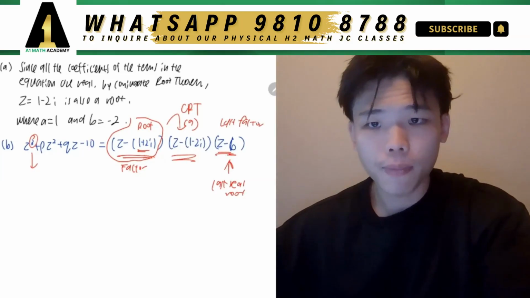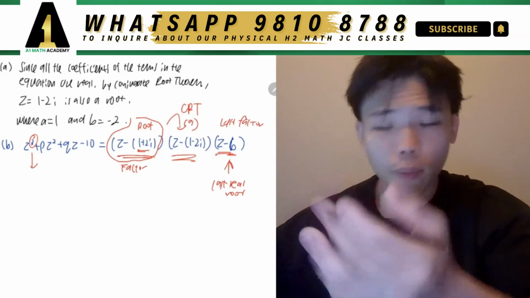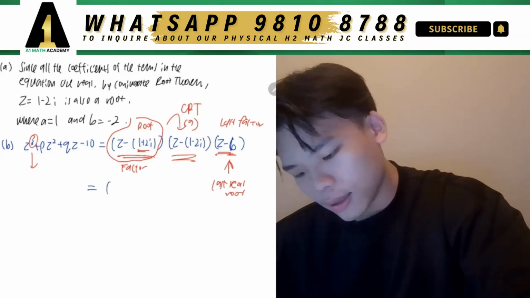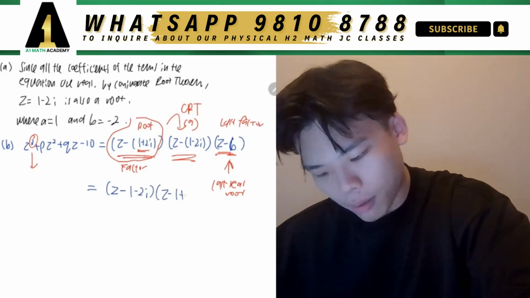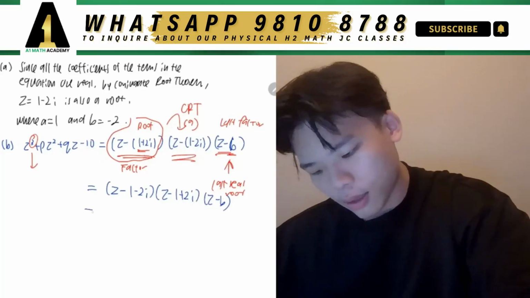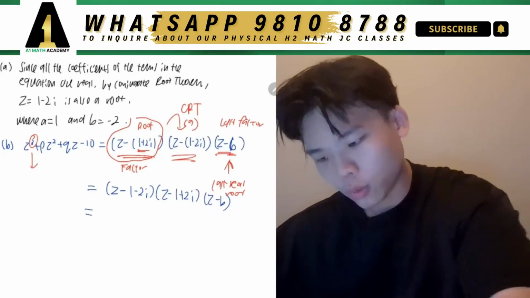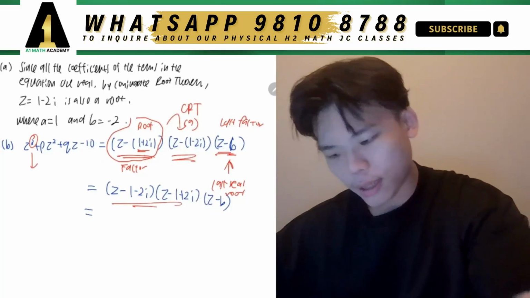As simple as that. And then from here onwards, we just need to expand and then compare the coefficients. So when we expand this, we get z minus 1 minus 2i, z minus 1 plus 2i, z minus b. And then expanding the whole thing, we just expand the first 2 brackets first.